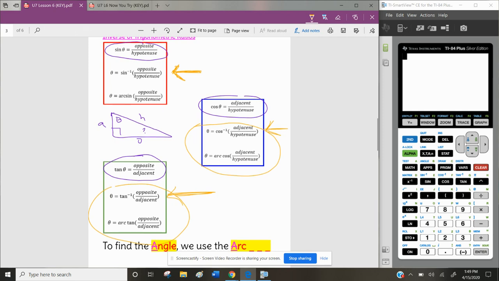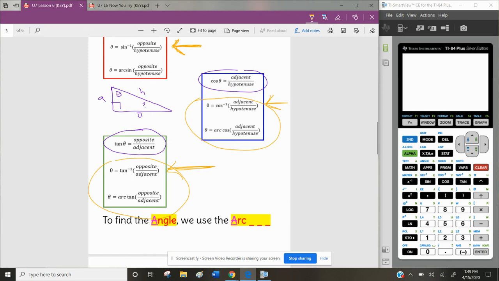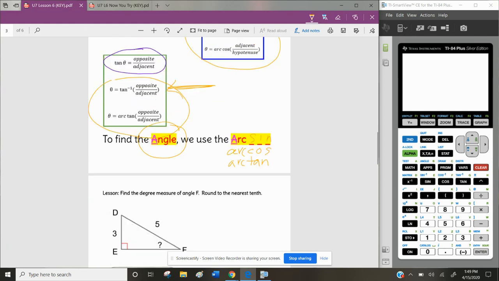Those are called the arc operations, the arcsin, the arccos. They undo normal tangent, normal cosine, and normal sine to get the angle. So for angles, we use the arc sine or the arc cosine or the arc tangent, depending on which sides we have available to us.